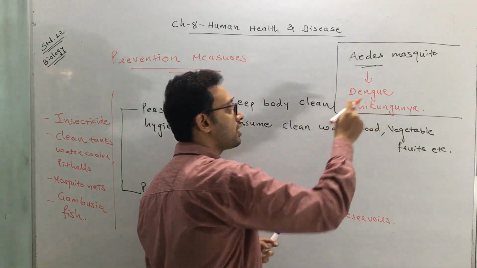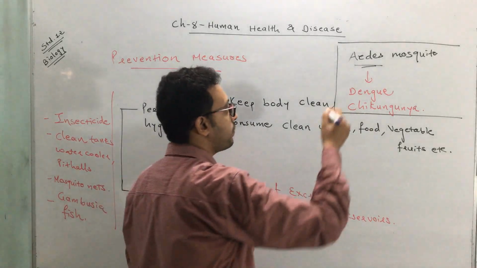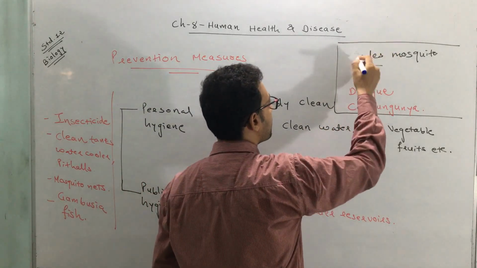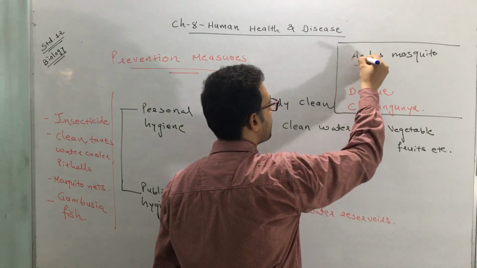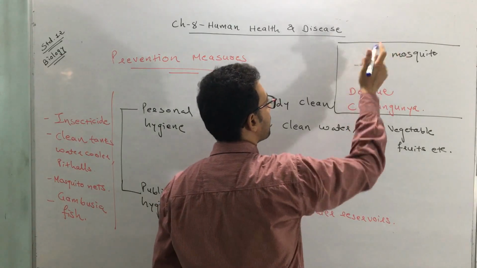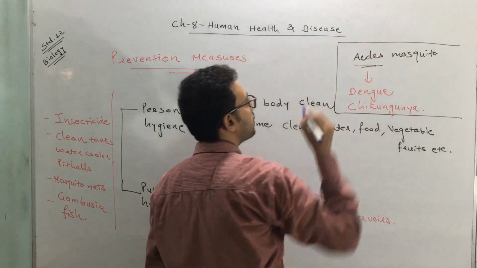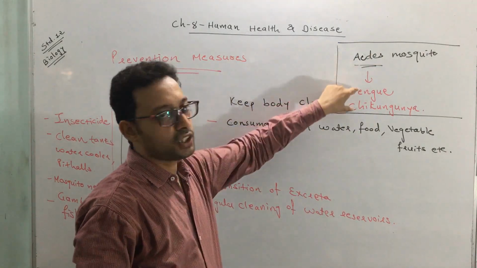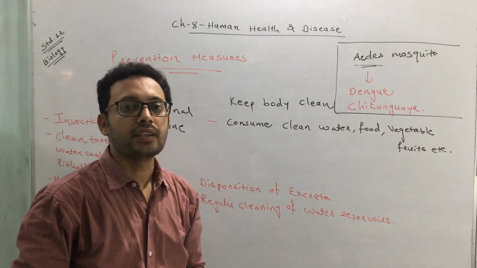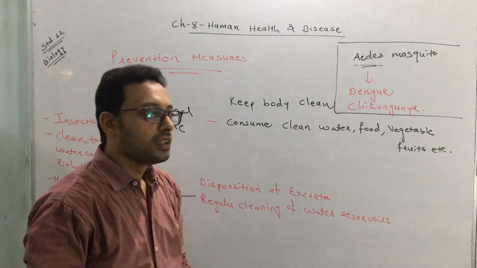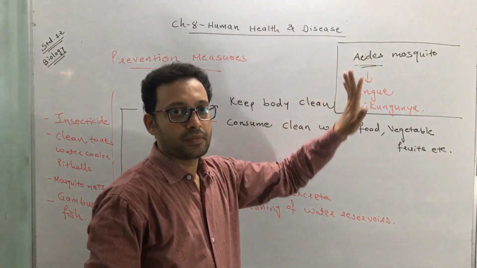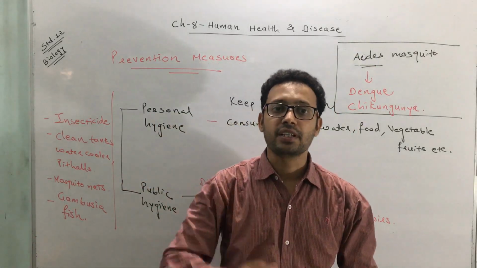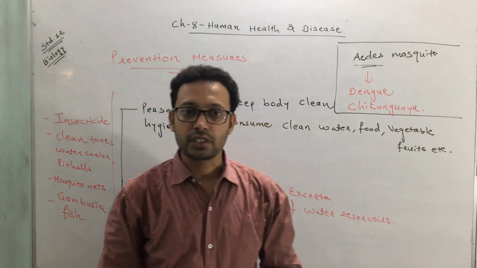So dengue and chikungunya, they are caused by which mosquito? Aedes mosquito is responsible for causing dengue and chikungunya. Okay, so you have to remember this name, because the mosquito of dengue usually bites in the morning, and they are somewhat different from the other mosquitoes.